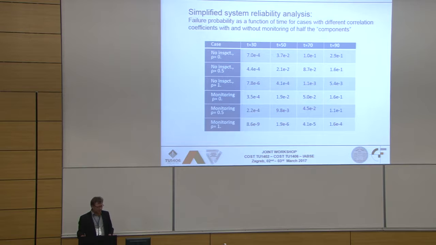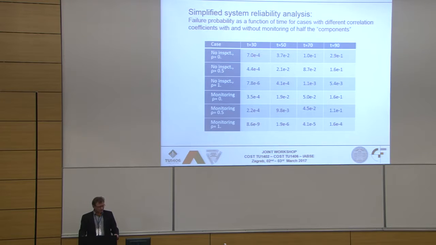So we see that now we have inspection, no inspection, and we have the correlation coefficient, this column. So we go from independent components to full correlation, and in between there's 0.5. And also you can have monitoring, that means you observe half the components, 45 sites, and you have zero correlation, 0.5 and 1.0.